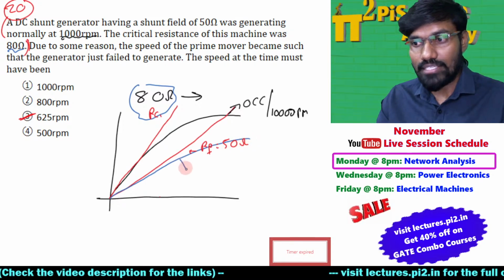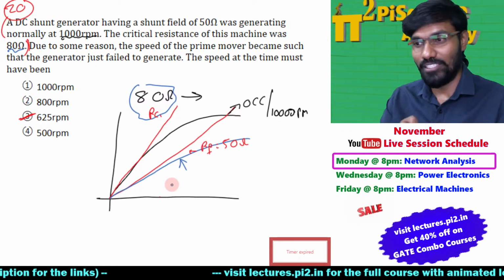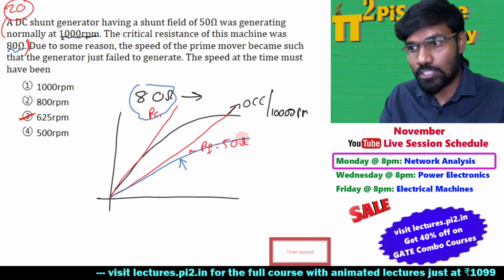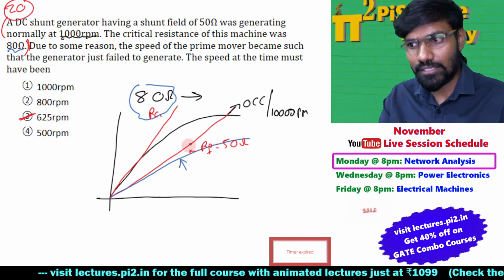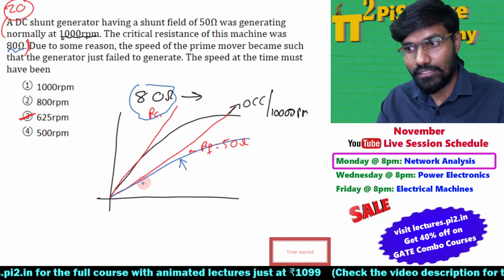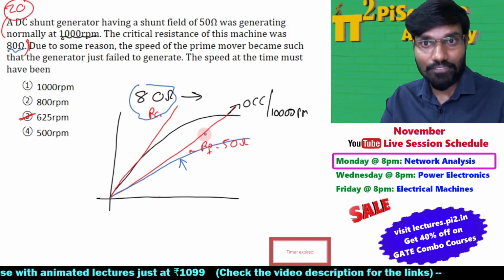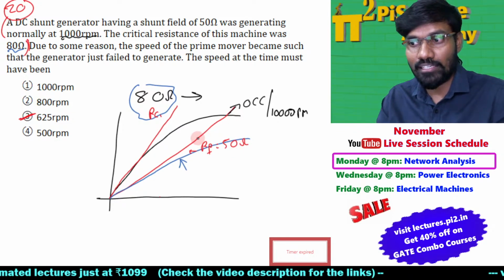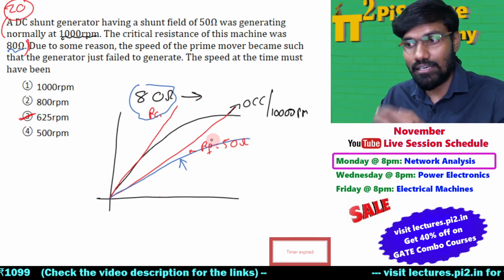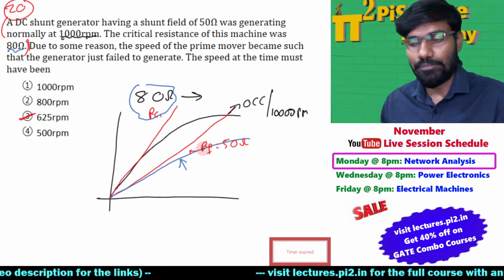This is the new speed. For this corresponding speed, the 50 ohm is the critical field resistance. That's why it has just failed, because the field resistance has become the critical field resistance for this speed.